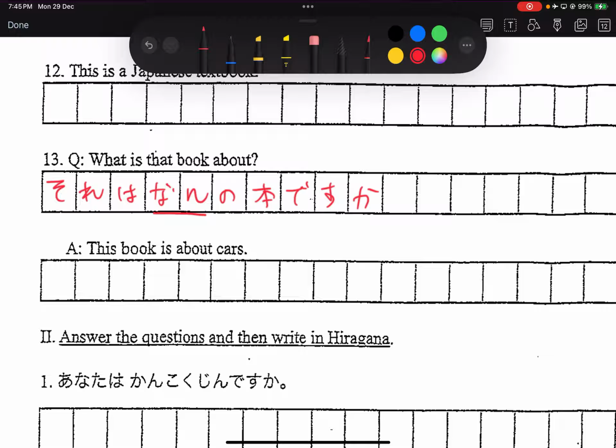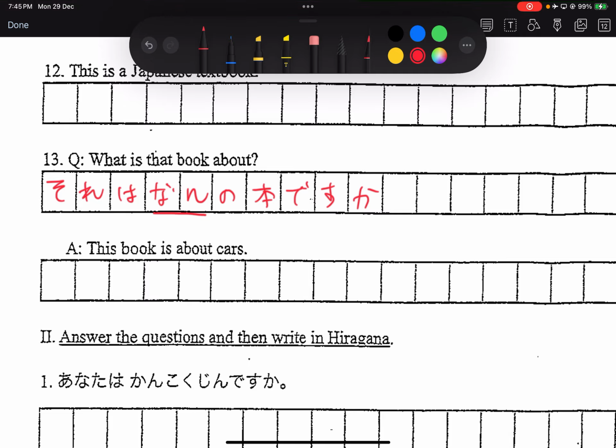Come again, please. その本は何の本ですか? Basically, the main part of this question is the 何の本. Right? 何の本, which is like what book. その本は何の本ですか? Yeah, correct.